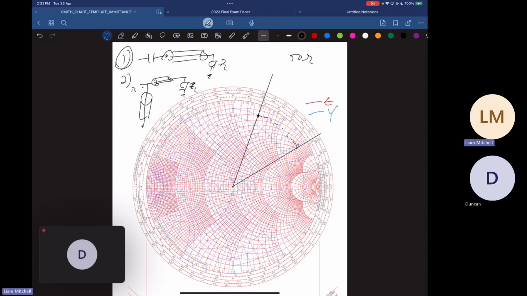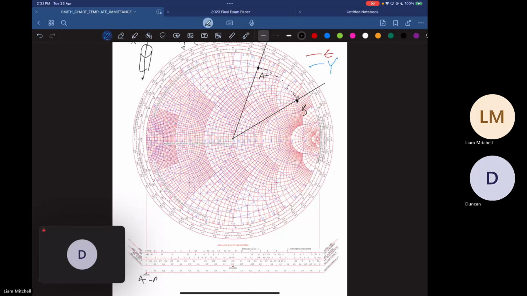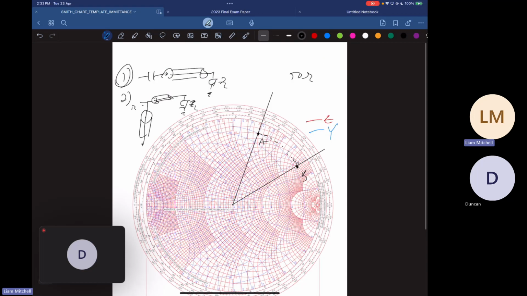And this is going to intersect the circle somewhere around here, a point of intersection. This section AB is our coax in cascade with our system, the length of cable. We try to bring it to the unit circle, and then we go from here to the origin.